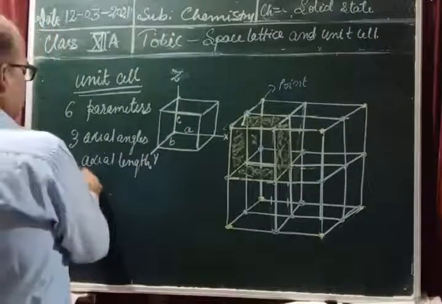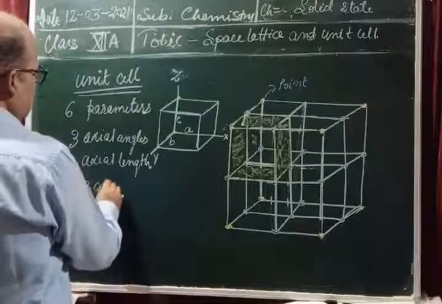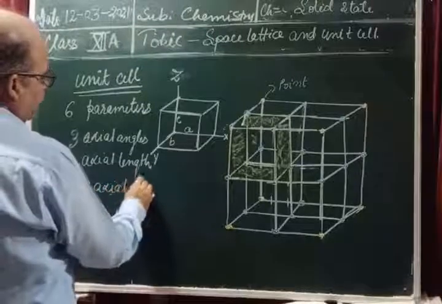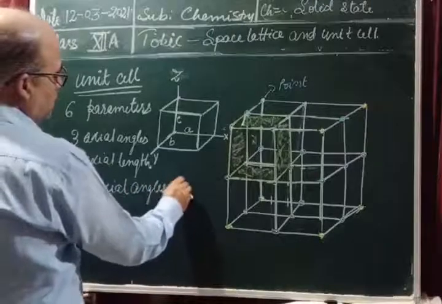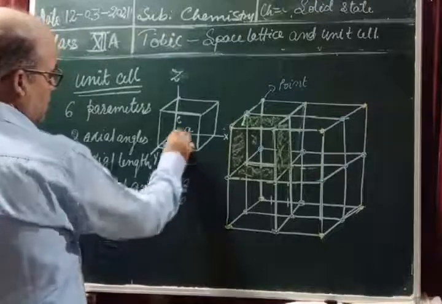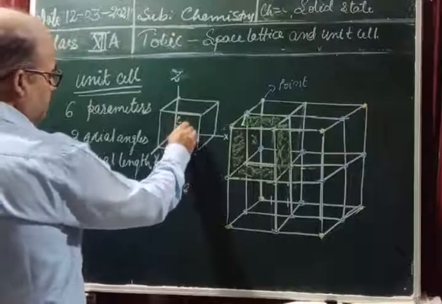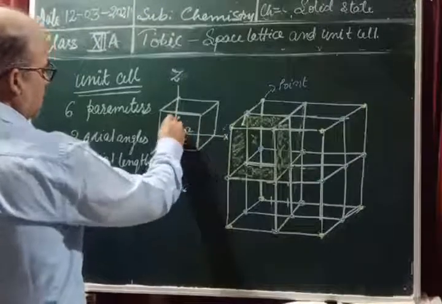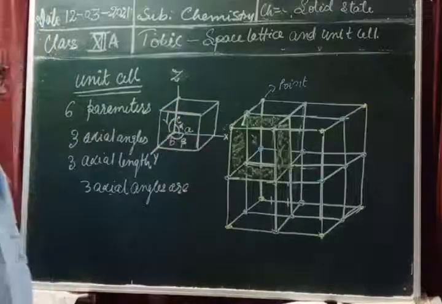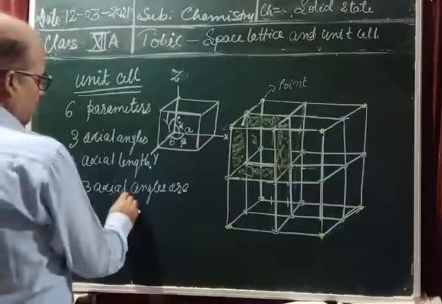Okay, the 3 axial angles are alpha, beta and gamma. Alpha, beta and gamma.